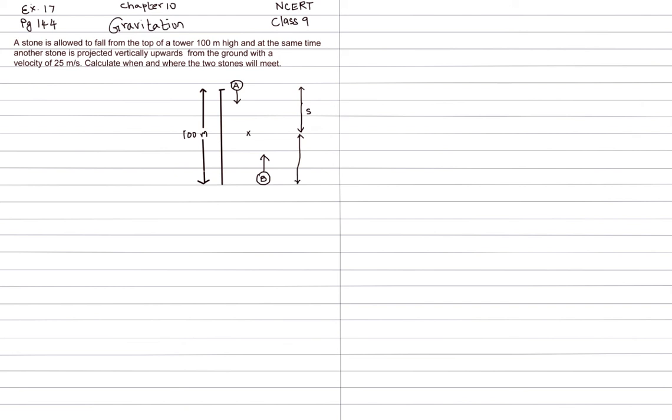The total height is 100 meters. From the top the distance is S, so from the bottom the distance will be 100 minus S. So let us assume this is the meeting point.